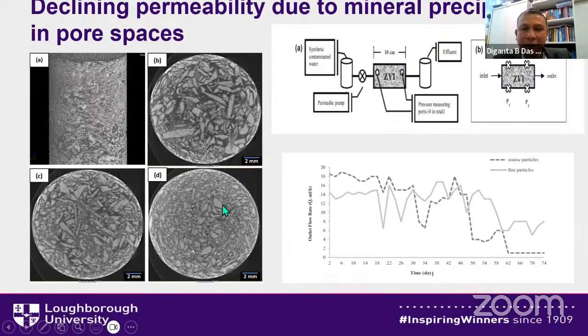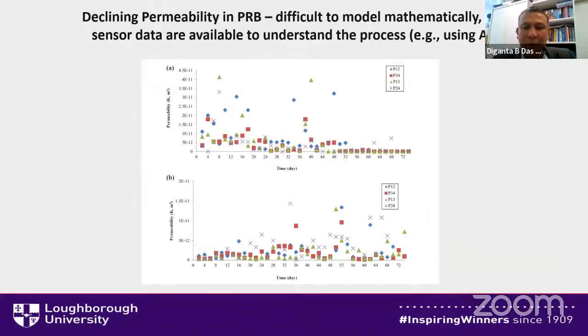So one of the main issues of PRBs is to understand how the permeability declines and how you can control it. There are a lot of digital technologies that can be used, for example, sensors monitoring the performance of the PRB on a regular basis, so that when permeability declines significantly, you can regenerate these PRBs and do something about it.